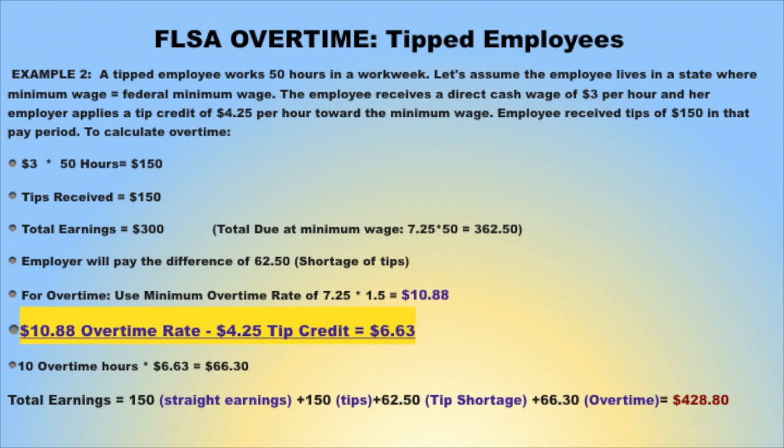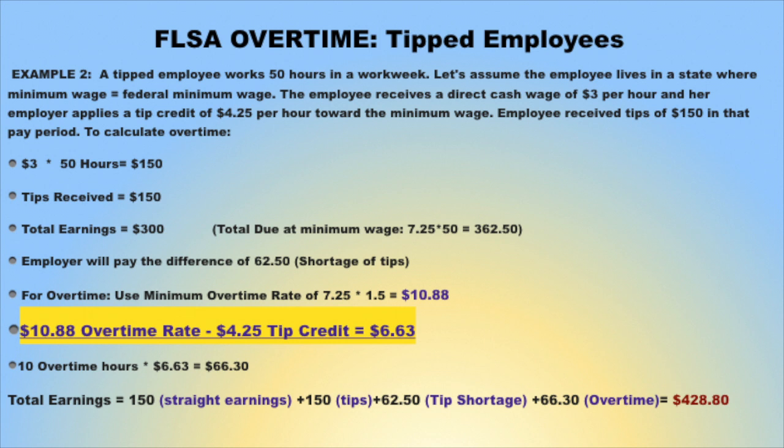Now for the overtime, we will use the minimum rate of 7.25. We'll multiply that by 1.5 and the overtime minimum rate is $10.88. From that, we will deduct the tip credit of $4.25 and the amount is $6.63.